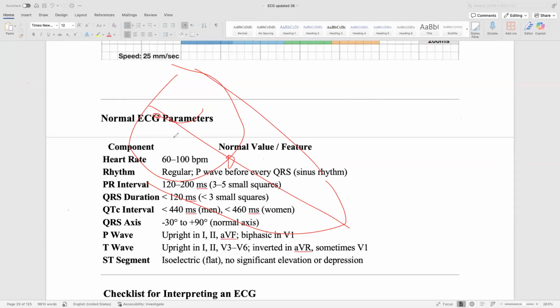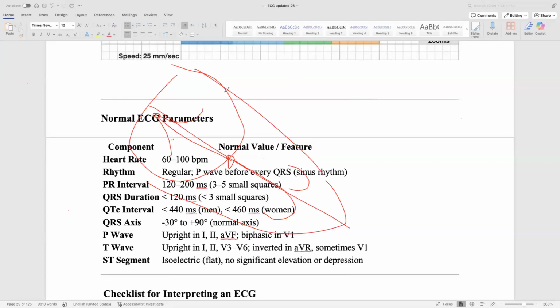Here is the depolarization of the atrium, and the electricity comes to the AV node, and from the AV node there is the bundle of His, then the Purkinje fibers. This is the normal PR interval.